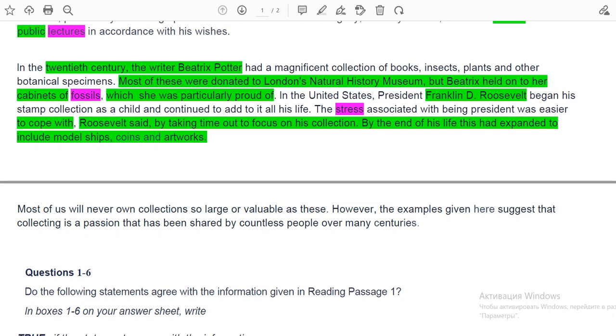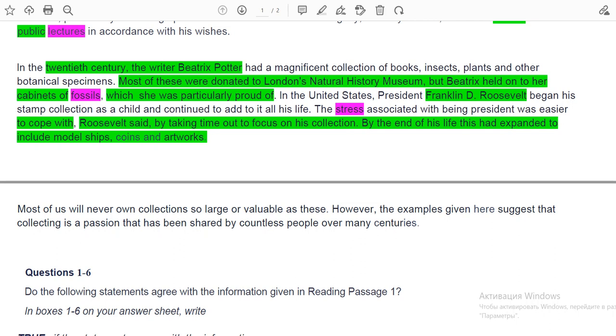In the 20th century, the writer Beatrix Potter had a magnificent collection of books, insects, plants, and other botanical specimens. Most of these were donated to London's Natural History Museum, but Beatrix held on to her cabinets of fossils, which she was particularly proud of.